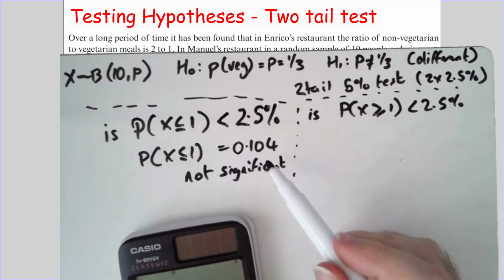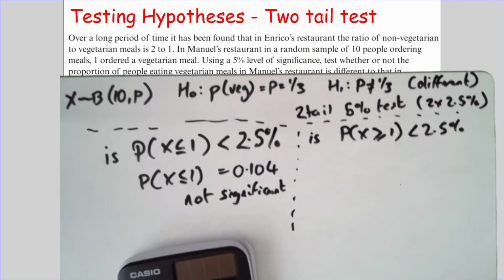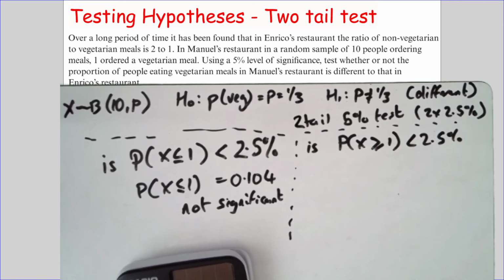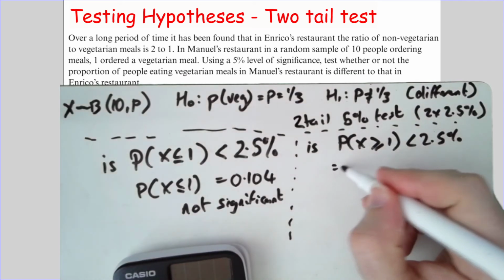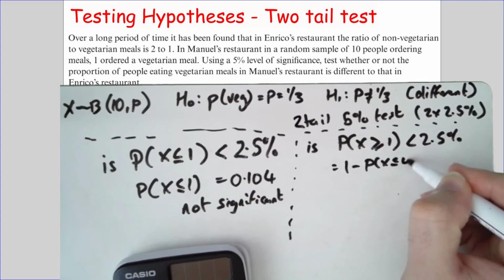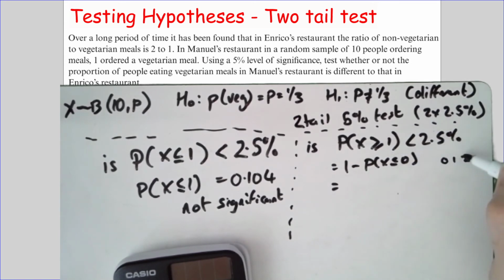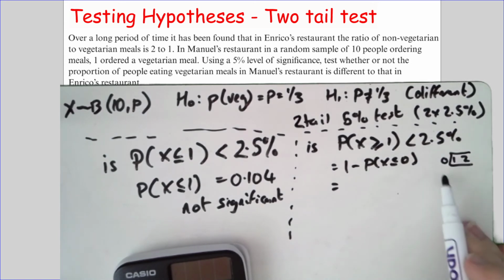Because this tail is quite small, the other tail is automatically going to be quite big. So if we had a look at this one, this would be 1 minus probability x is less than or equal to 0. Because if you don't remember, we've got 0, 1, 2, we want 1 or greater, we just need to take away 0.